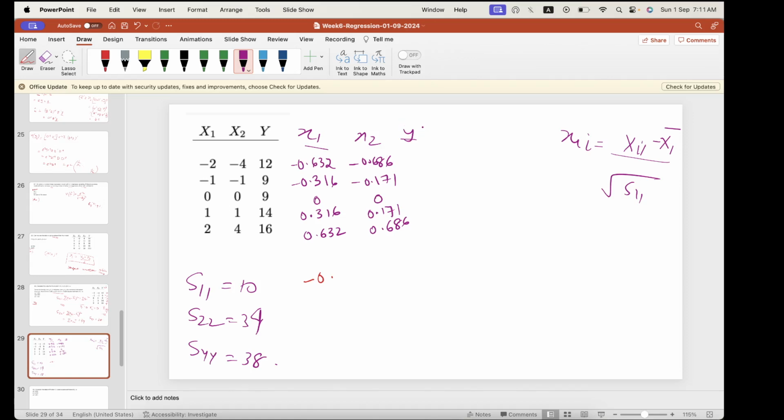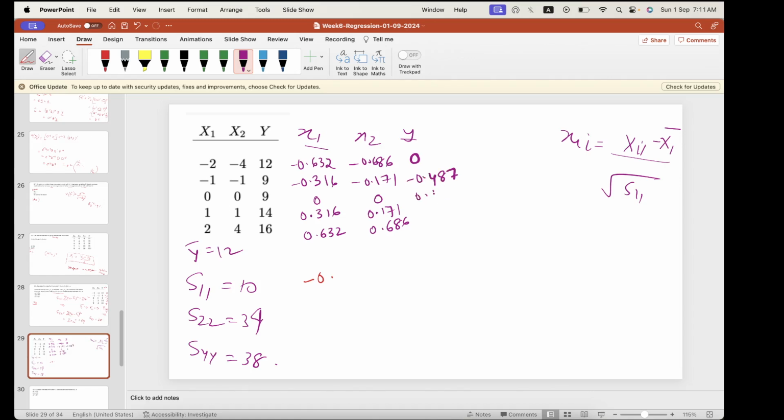Y is equal to, okay, y bar is 12, so this will be 12 minus 12, 0. Okay, and then we'll have 9 minus 12, that is minus 3, divided by square root of 38. So that will be minus 3 divided by square root of 38. So this is minus 0.487.